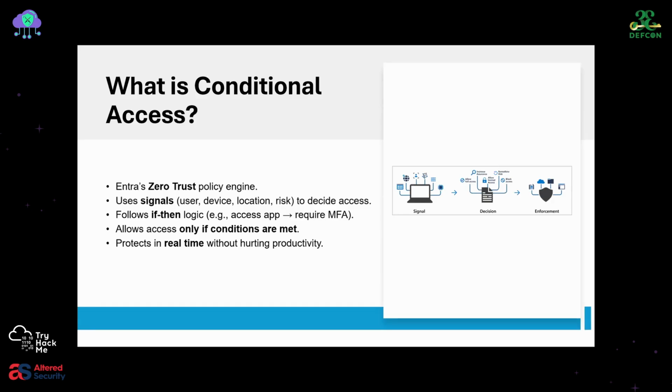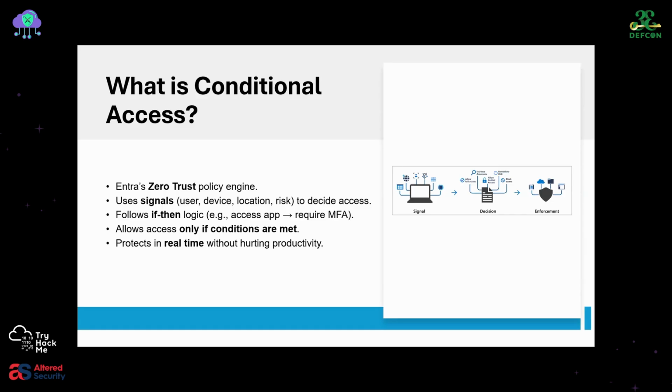So conditional access policy will first check the signals, and based on the conditions defined in those policies, it will take action. The conditions defined in a conditional access policy are mainly based on if-then logic.